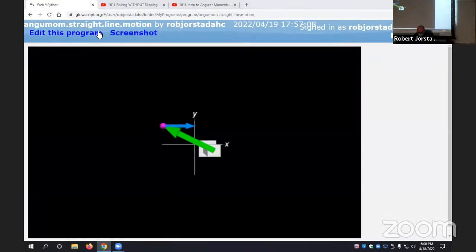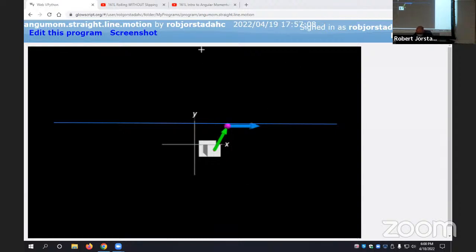Watch the code. Notice there's an object, a pink sphere that's moving, kind of along that line. Do you agree? That's not the line of action, though. That's just the line of motion. It's a little bit off, but it's pretty close.